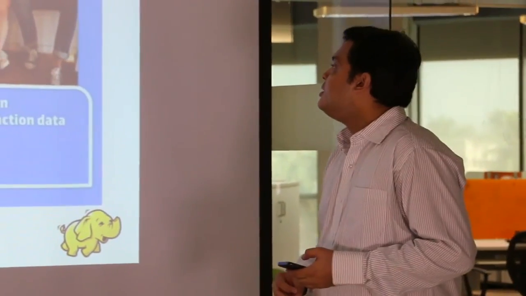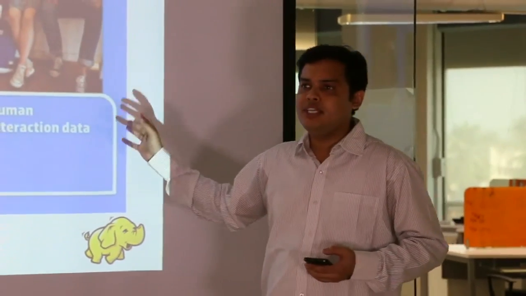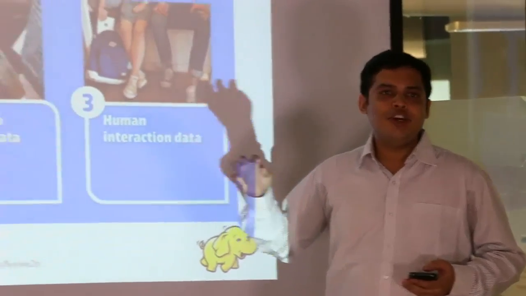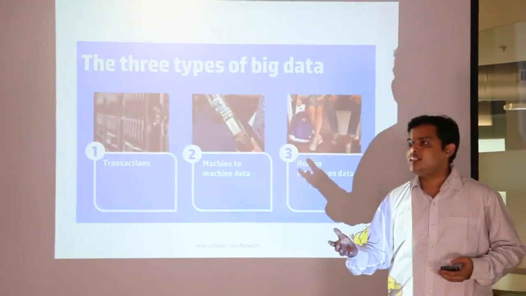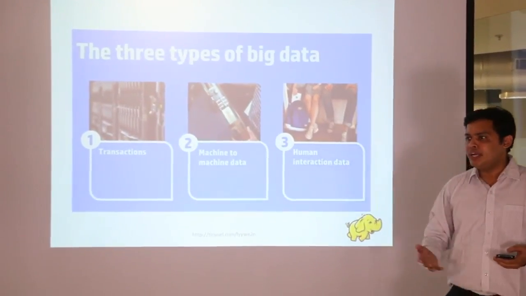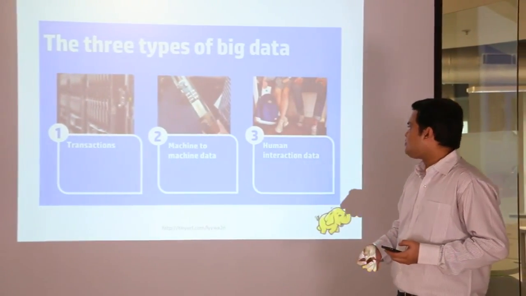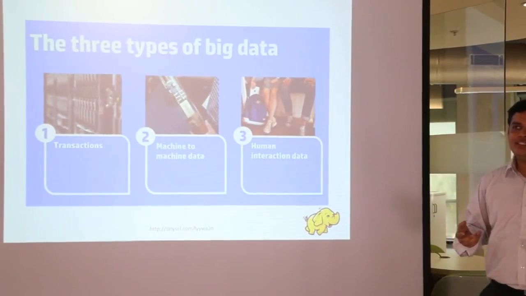These are the types of big data. It's not only social network data. One is transaction: all the transactions that we work with, the customer's purchases, whatever transactions he does in his bank account. Then machine-to-machine data.